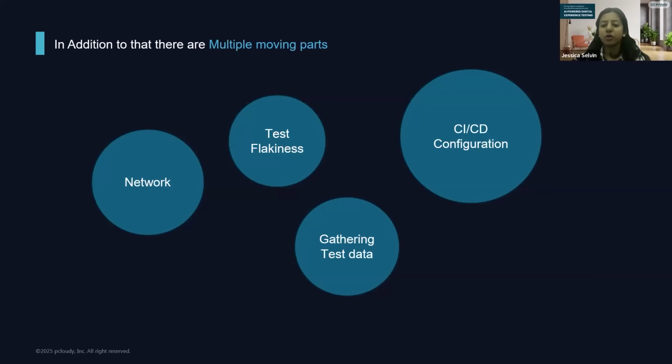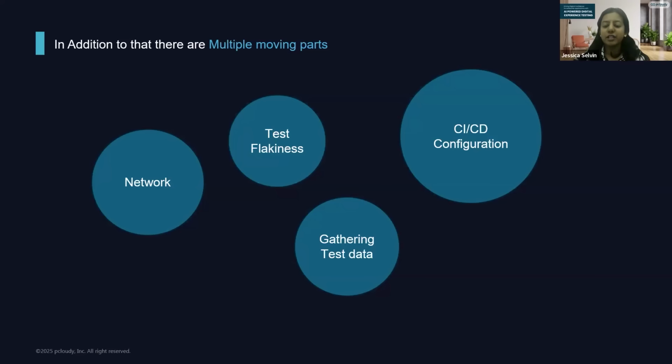So maybe a locator has changed, or the wait time wasn't long enough, right? These kinds of things can introduce flakiness to your tests, which need to be rerun again and again. CI/CD pipelines can also look simple, but when we're running at a huge scale, one slow chunk can hold up the entire run, right?